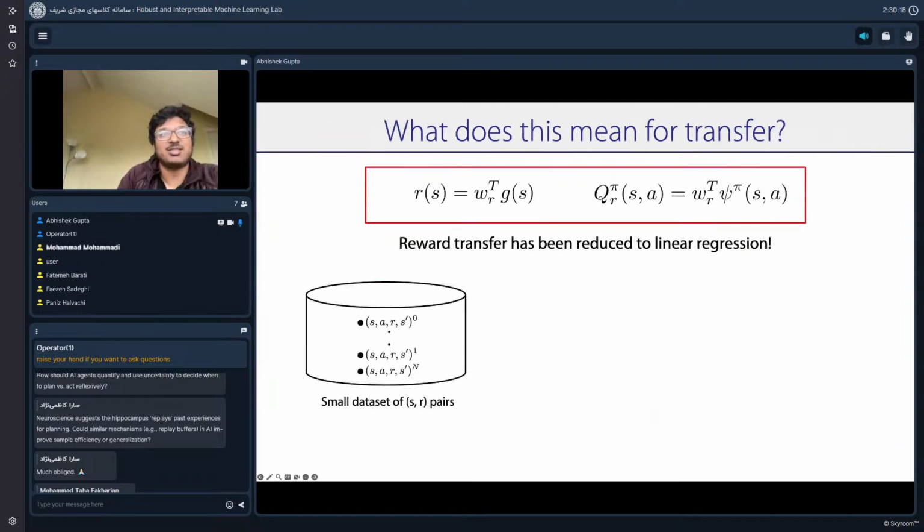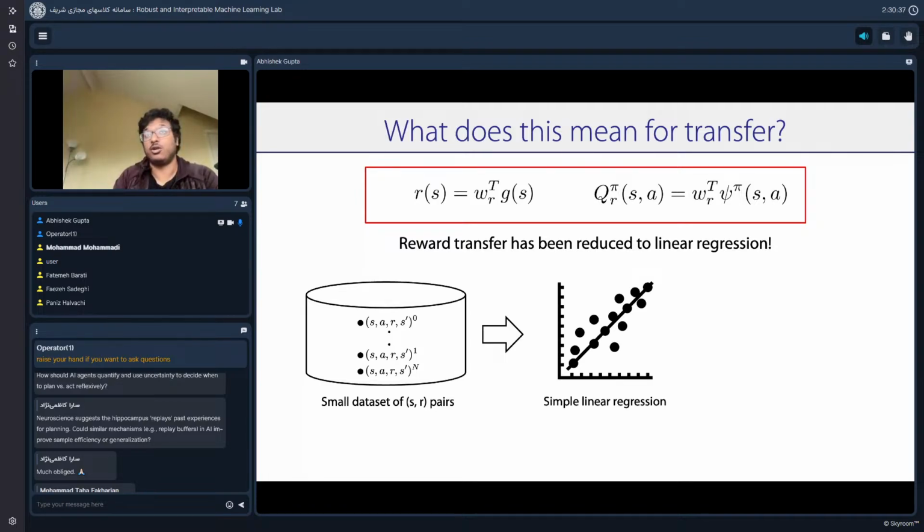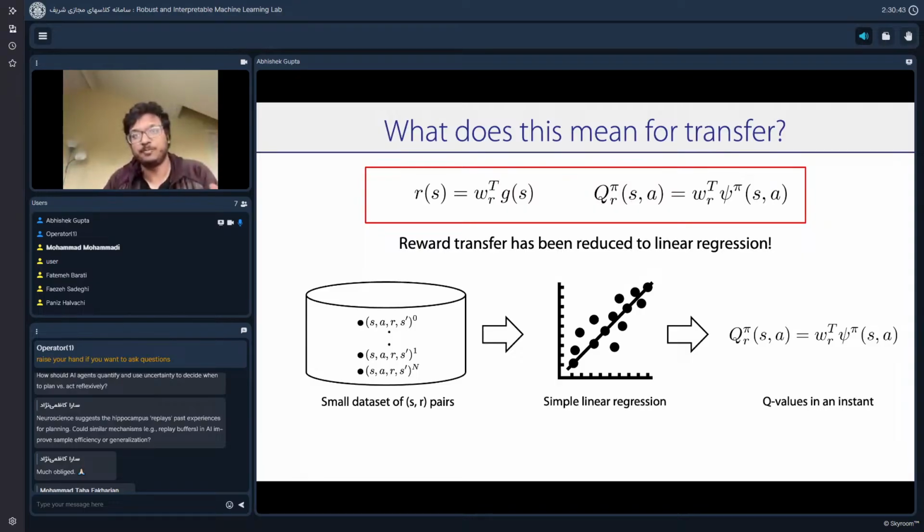So let's skip all this. But really, what this means is that instead of modeling a cumulative reward, let's model a cumulative feature. Let's call that psi. And once you have psi, getting new Q functions is as simple as solving linear regression for rewards and then instantly getting the Q function for new rewards, right? And so transferring to new tasks is as simple as doing linear regression, which is really easy.